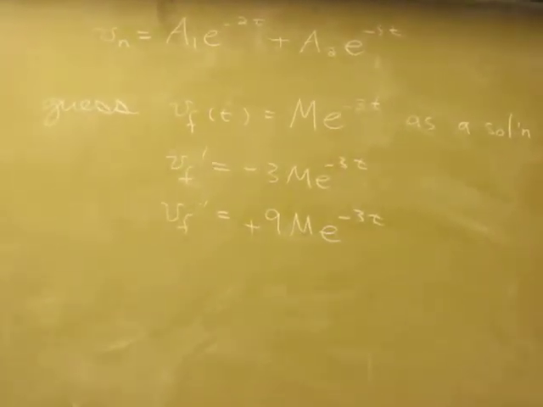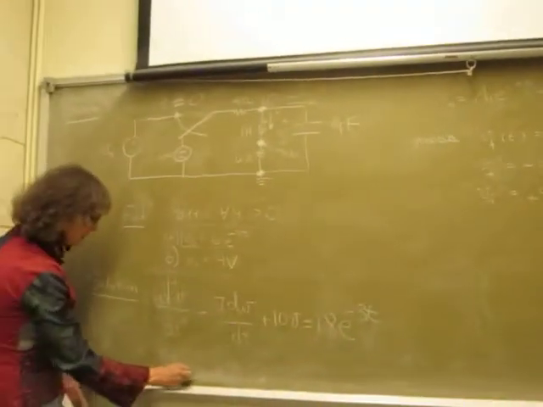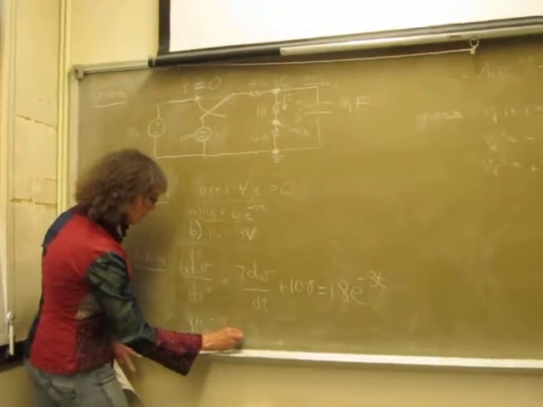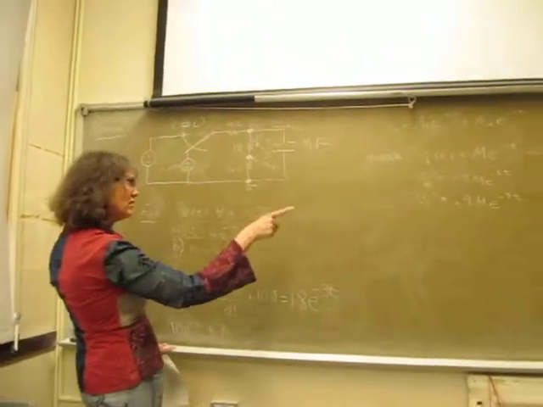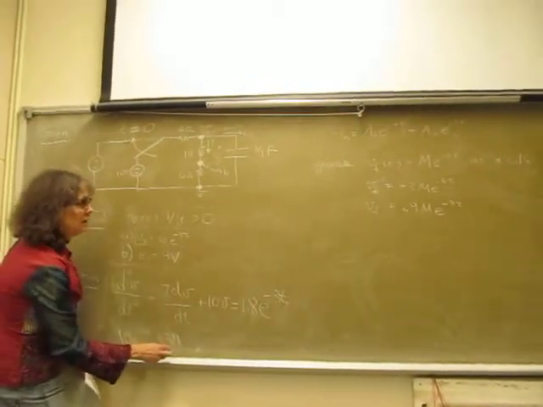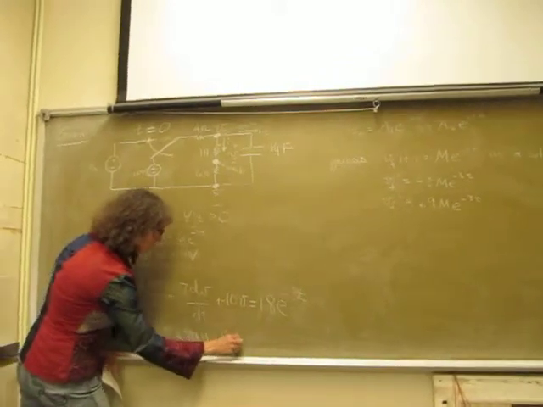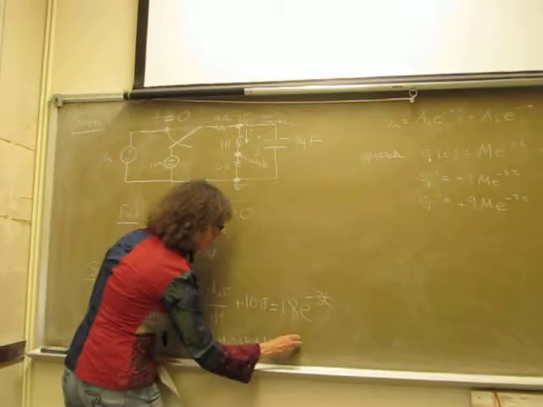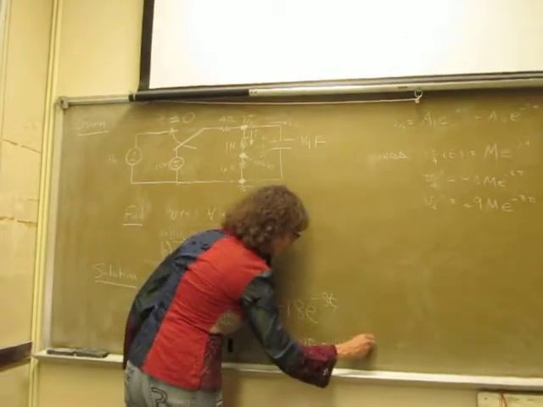So the second derivative is 9m e to the minus 3t plus 7 times the first derivative. So 7 times minus 3 is minus 21 m e to the minus 3t, plus 10 m e to the minus 3t is equal to 18 e to the minus 3t.